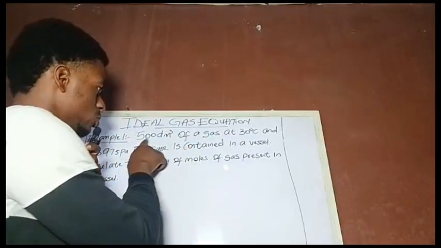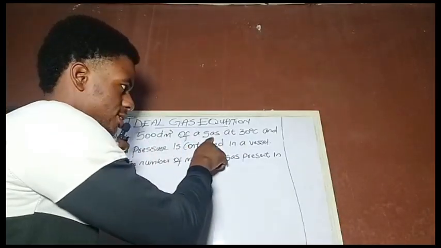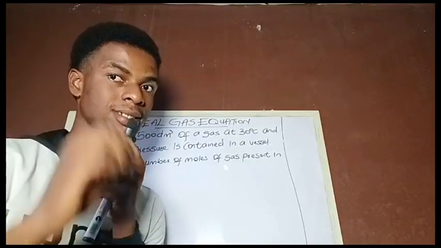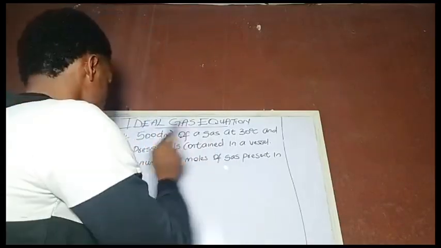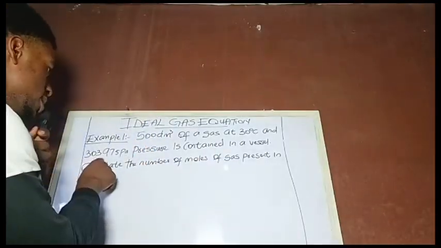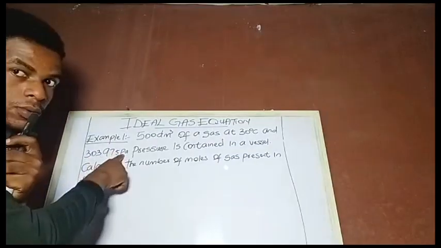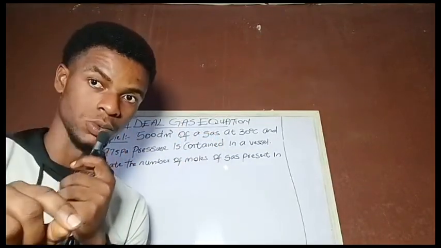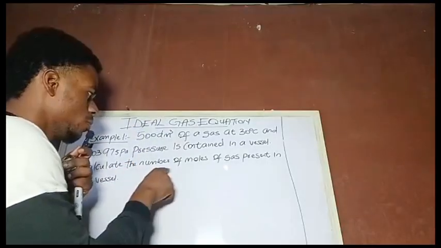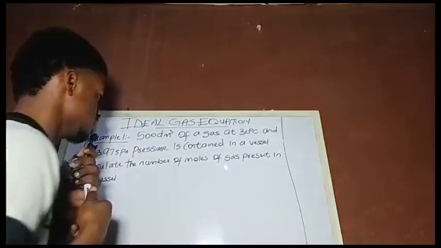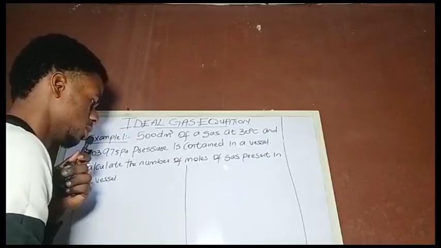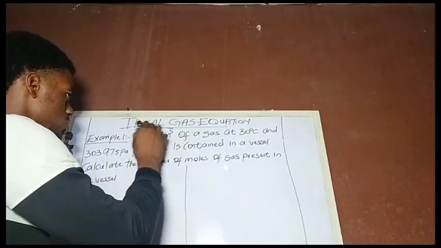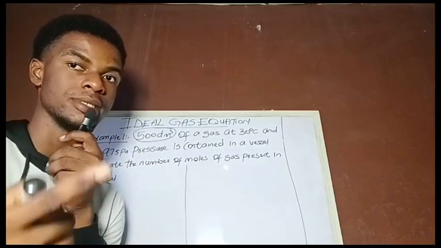Now let's look at this question. They said 500 dm cube of a gas at 30 degrees Celsius and 303,975 Pa, meaning Pascal pressure, is contained in a vessel. Calculate the number of moles of gas present in the vessel. Since the volume is given in dm cube, we have to convert it to meter cube.